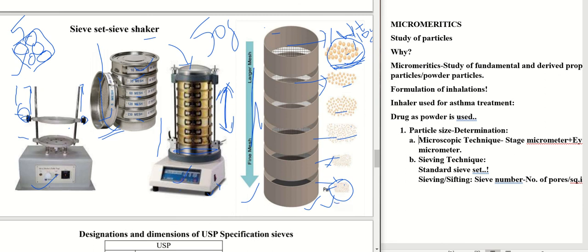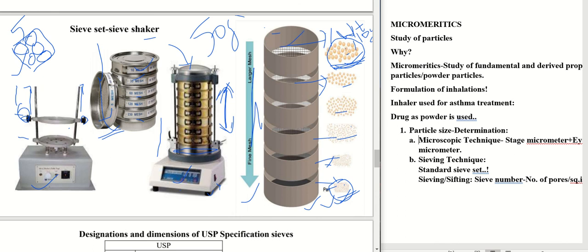Suppose this one is 2 grams: 2 by 50 into 100, the weight by total weight into 100, as we are taking a percentage, gives that percent. So from this we are able to determine the percentage weight retained on each mesh.